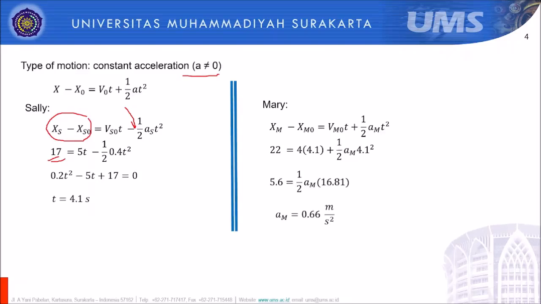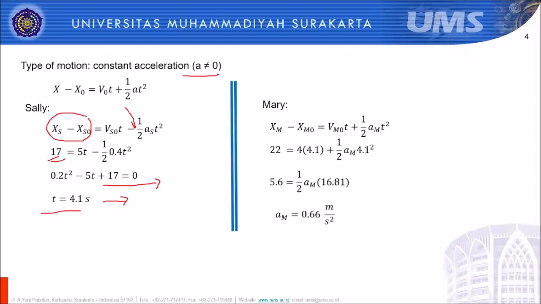Is it true? Yes, 0.4. So we have this equation: 0.2t squared minus 5t plus 17 equals 0. You can solve this using a calculator or online solver, and you get the value of 4.1 seconds.